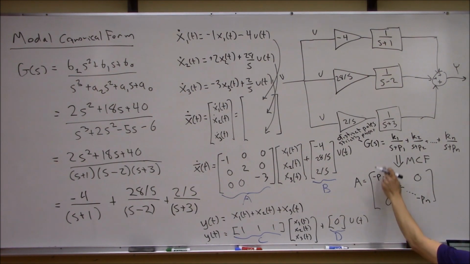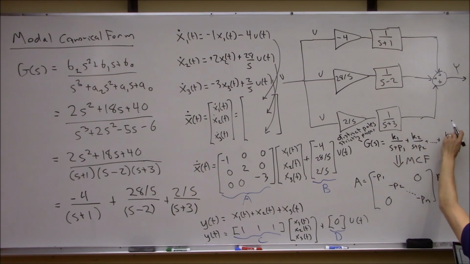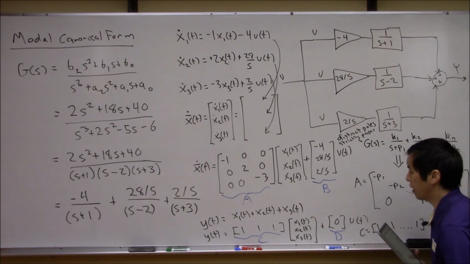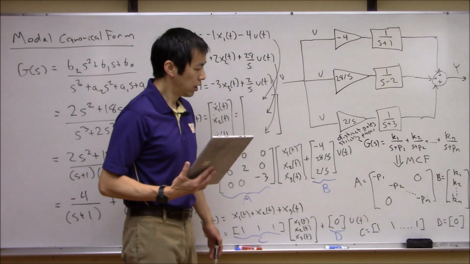With these negative terms on the diagonal, and then you get a B matrix which is all of these k's, so it's k1, k2, all the way down to kn, and your C matrix is ones, and your D matrix is 0. So great. Modal canonical form is actually very handy and very nice, right? It's not too shabby, pretty easy to get to.